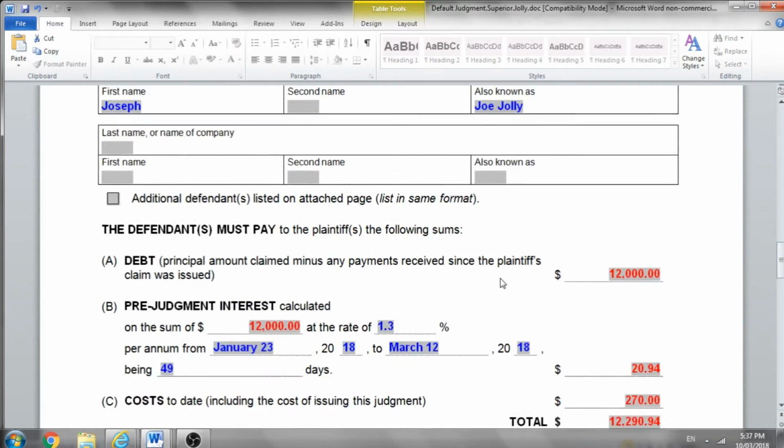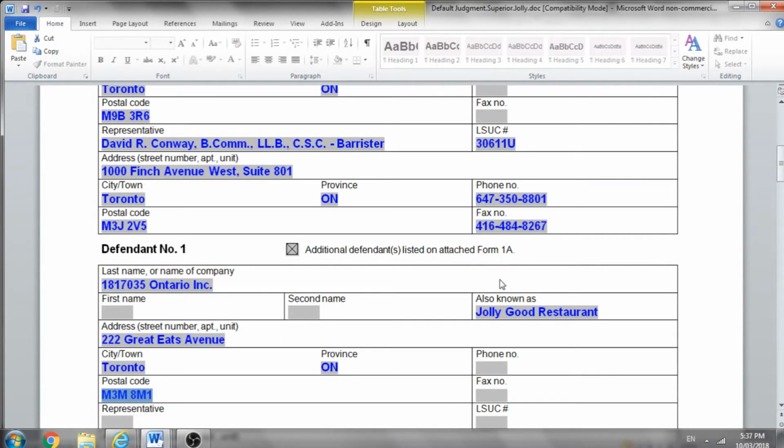Now there is a second issue that needs to be addressed. You might remember that when we issued our plaintiff's claim, we made a point of stating not only the proper names of our defendants, but also other names by which they're known. Now, if, for instance, we issued our $12,000 of invoices to 1817035 Ontario Ltd. or corporation, then we would also need to put that name down as an also known as.